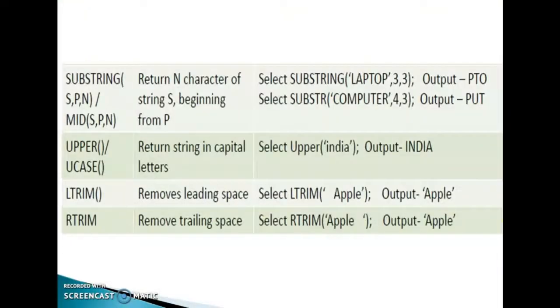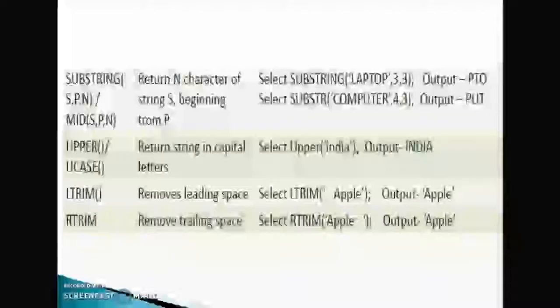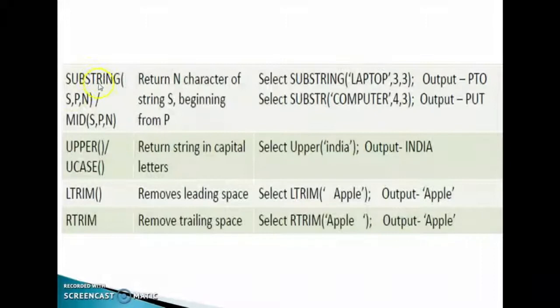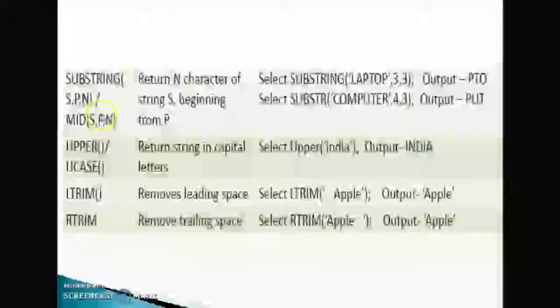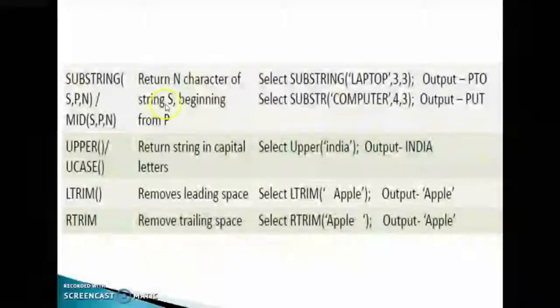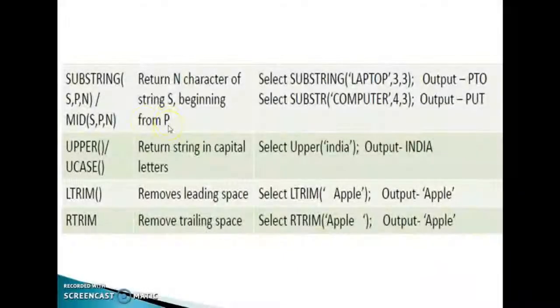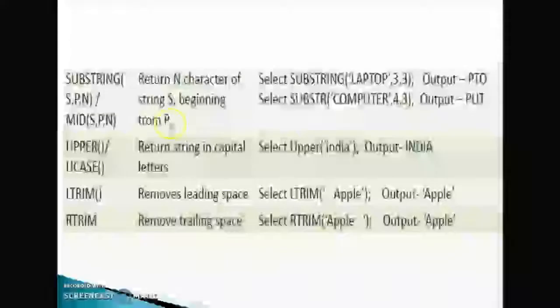Then the next one, substring, substr and mid. In the substring we can pass 3 arguments. In this mid also we can pass 3 arguments, like that substr also. What are these 3 arguments? Return n characters of string S beginning from P. Check this example.